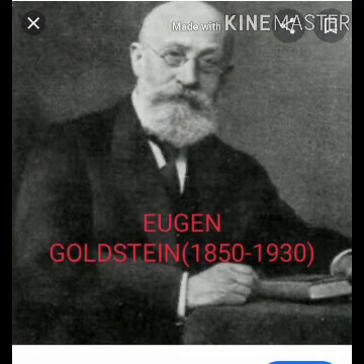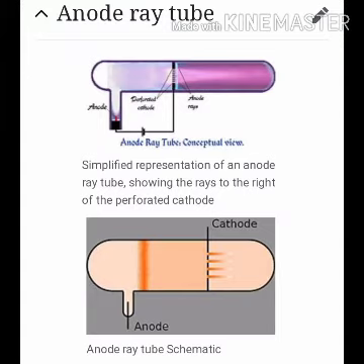Eugen Goldstein. He was a scientist who discovered the presence of positive charge in gases by conducting discharge tube experiments. So in 1886, he carried out experiments in the discharge tube and found the presence of positive charge.